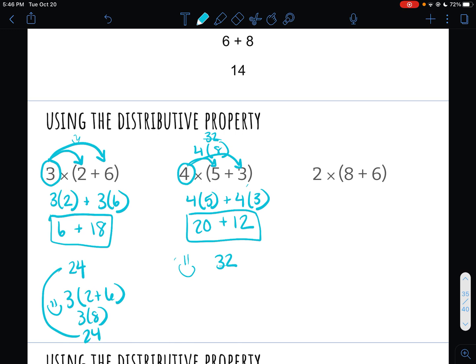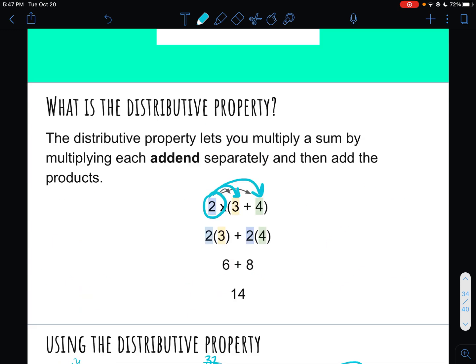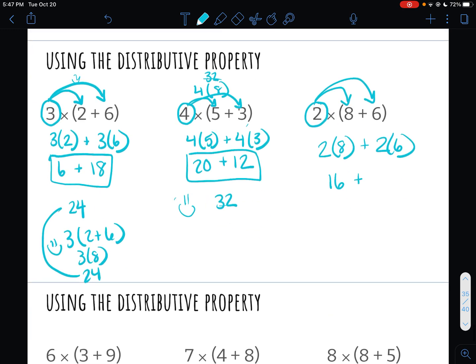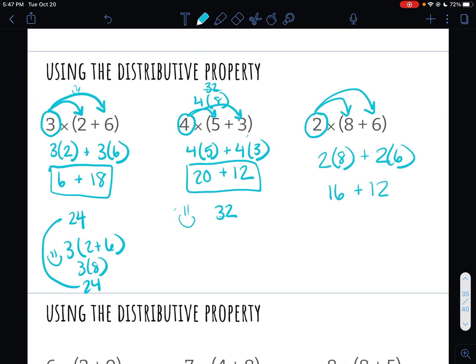Okay, one more, and then I'm going to have you try some on your own. I'm doing 2 times 8 plus 6. I want to take the 2 and distribute it to both terms inside the parentheses. So I would do 2 times 8 plus 2 times 6. 2 times 8 is 16. 2 times 6 is 12.